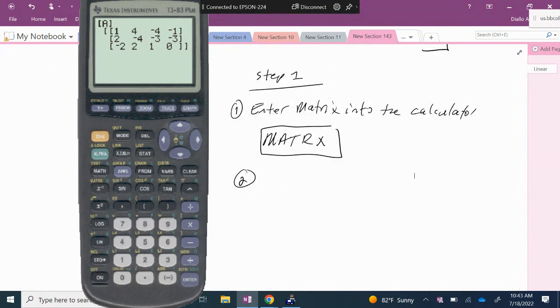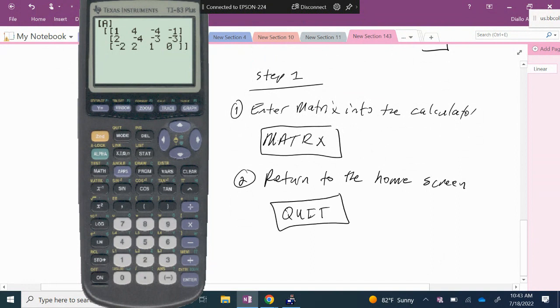After you put your matrix into the calculator, the next and most important step is you want to return to the home screen. So I want to hit second and mode, which is actually the quit key. All right, so I'm at the home screen.